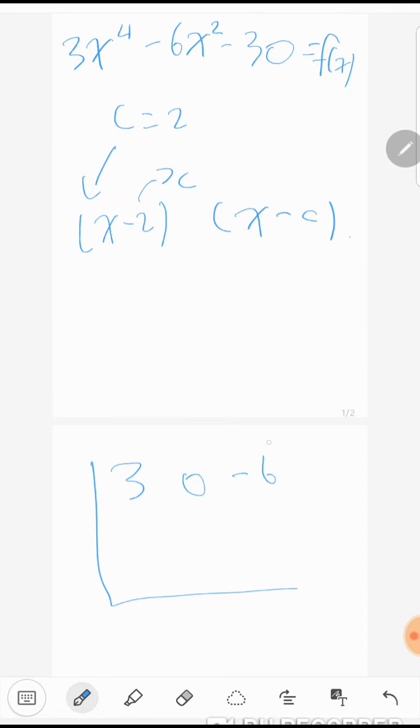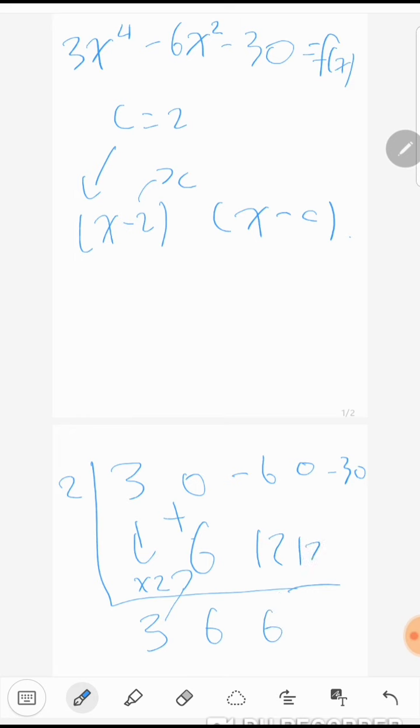And then second power, and then we don't have a first power, just normal x, so that's also a 0. And then a negative 30. And then you put 2 here. That comes down, 3, then multiply by 2, and then you add it, so it's 6, 12, 12, 24, and that's minus 6.